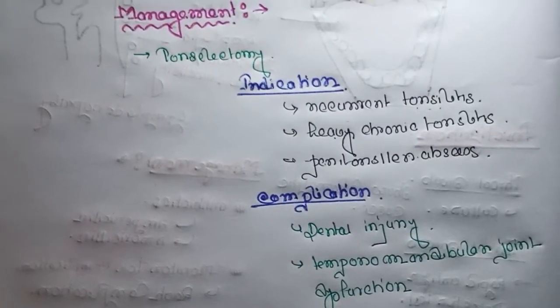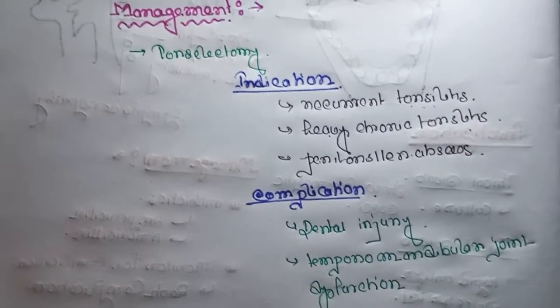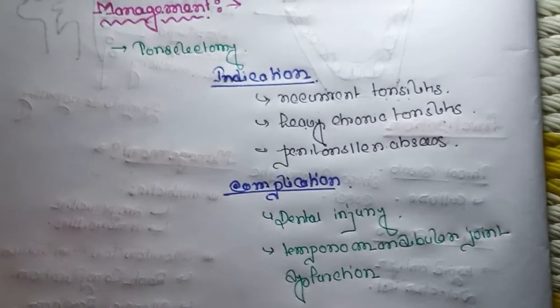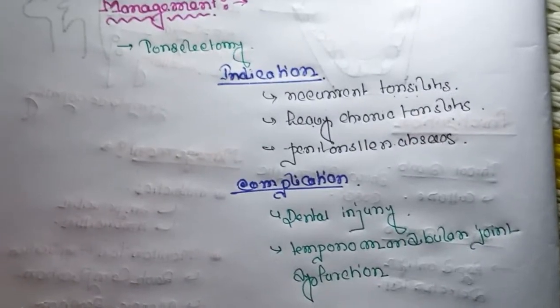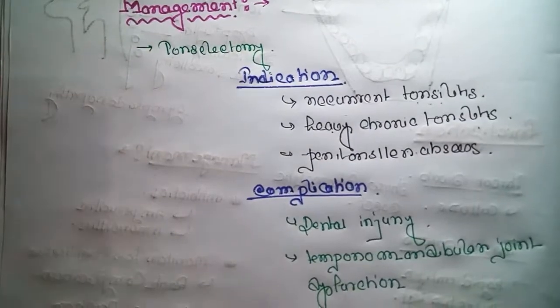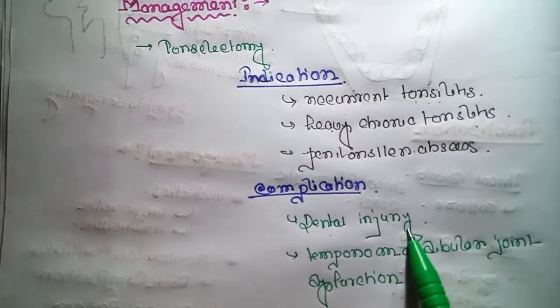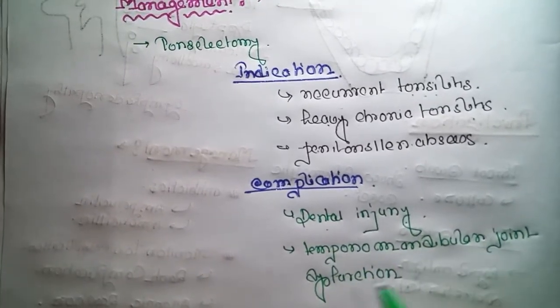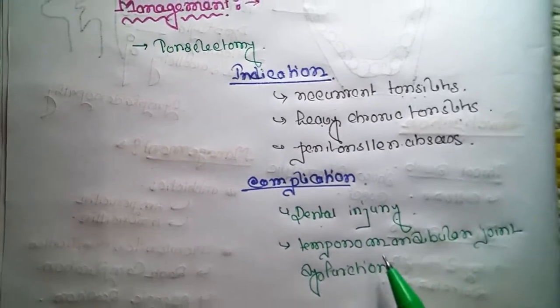There are also some complications of tonsillectomy, which are very important, including general anesthesia complications, dental injury and temporomandibular joint dysfunction during the procedure. That is all about recurrent and chronic tonsillitis. Okay, I think you all understand.